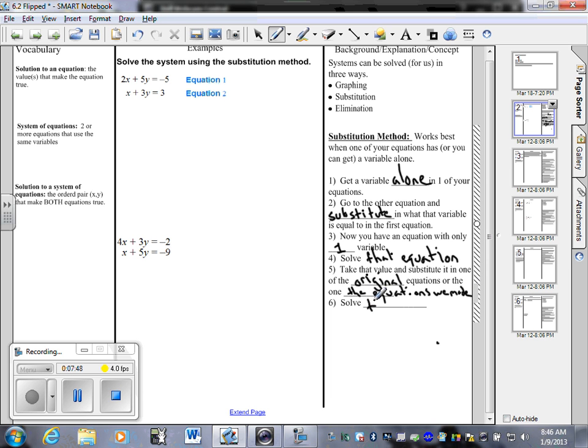And our last step is to solve that equation.